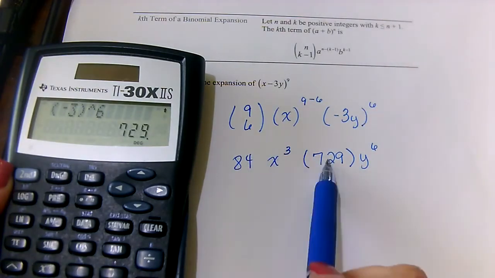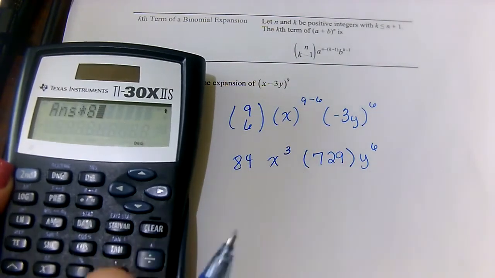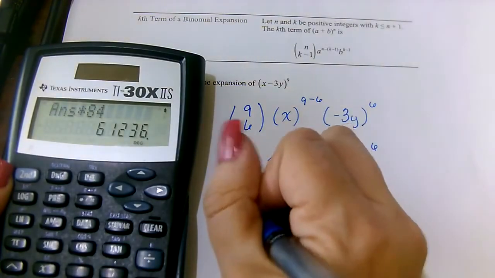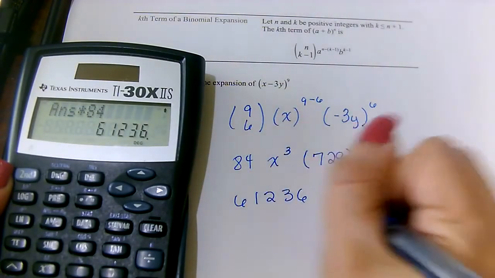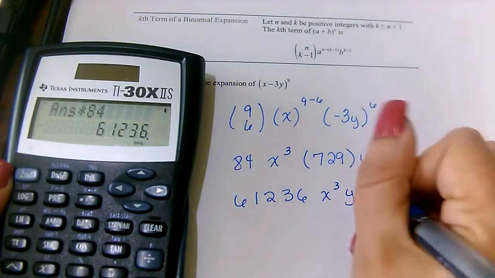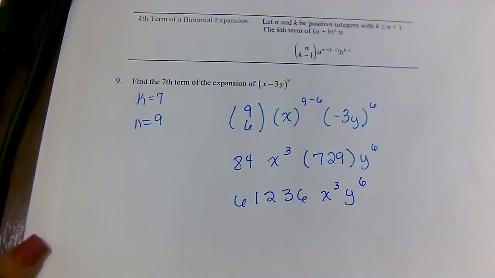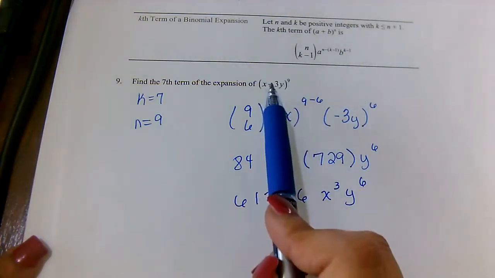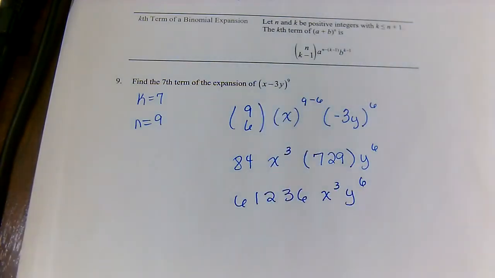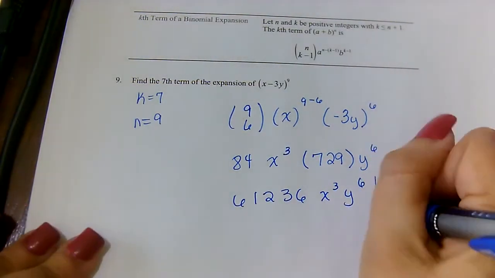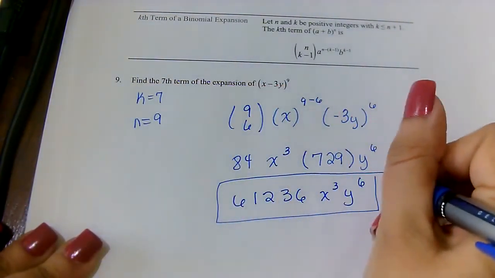Now we're going to multiply these two times 84, and I'm going to get 61,236 x to the third y to the 6th. In this case, yes, the exponents should add up to the number that you have here because both of these exponents inside are 1. And you're done. Okay, so this is going to be a specific term in your sequence.